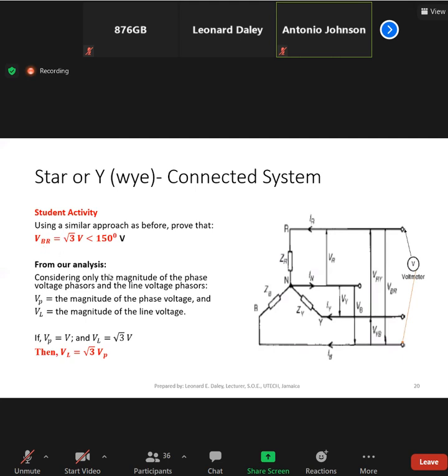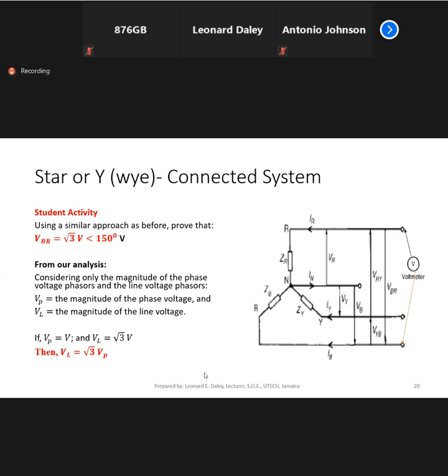All right, so you can go back to the previous slide. What are the phases that you need to add? Sir, VBN and VRN. You add those? No, sir. It's VBN minus VNR. It is VBR is VBN minus VNR.